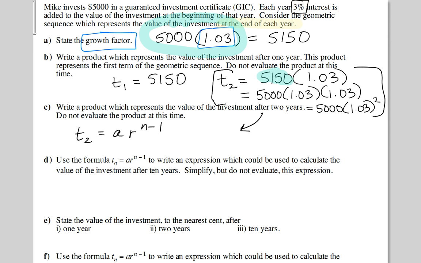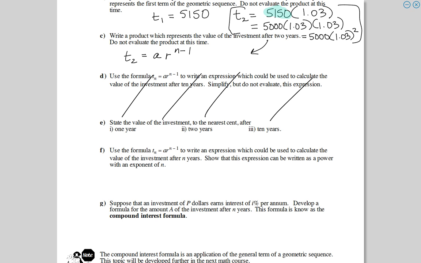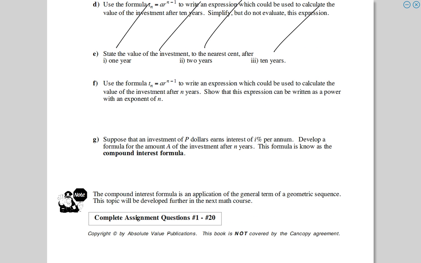Yeah, and it's all because of this 5,000 starting point, and it's just weird, okay? So I'm going to skip a lot of this nonsense, because it's just nonsense, and I will show you the compound interest formula that you need to know for this course.